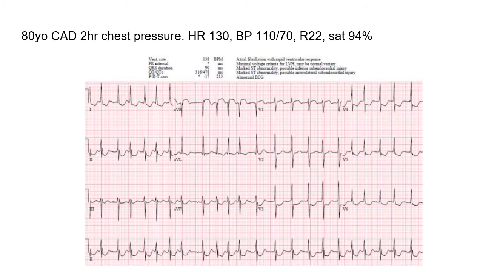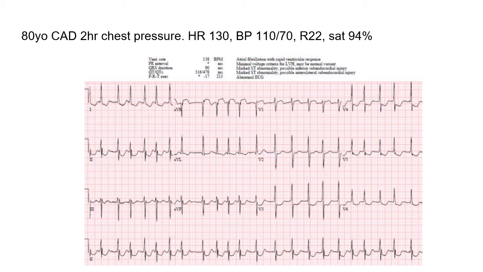Okay. All right. So this is an 80-year-old with coronary artery disease, 2 hours of chest pressure. His heart rate is 130, blood pressure of 110/70, respiratory rate of 22, and SAT of 94%. So, are we narrow or are we wide?